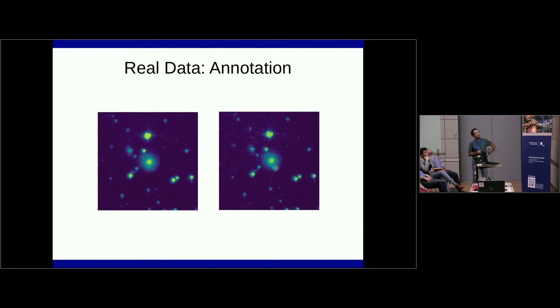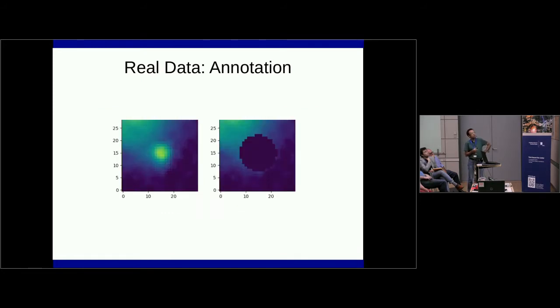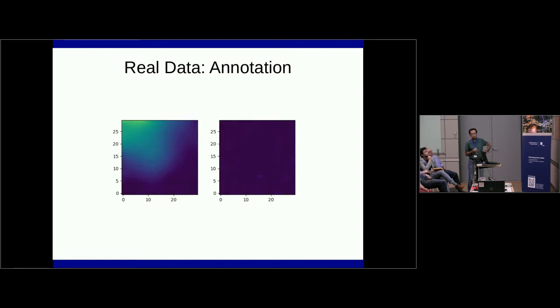For real data annotation, I will go over it very fast, but it was a kind of scientific task. I cropped out the transient from a neighborhood of the image. Then we modeled the background, because usually the supernovae in this task were lying on the context of galaxies.